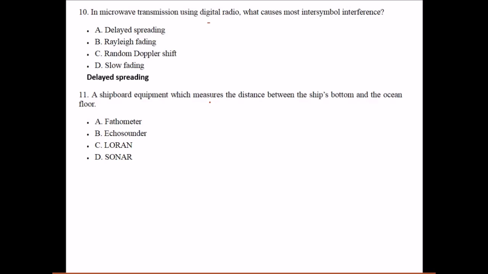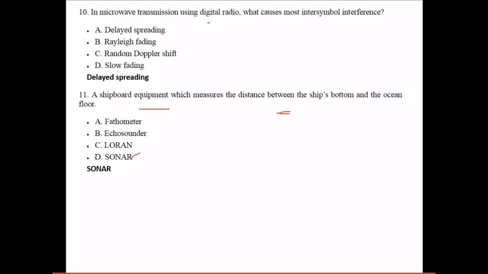A shipboard equipment which measures the distance between the ship's bottom and the ocean floor. I'll be talking about a few questions which are out of order also, because anybody can ask anyone. The person who is sitting on that side is the master. So, which is the shipboard equipment? Can you judge?